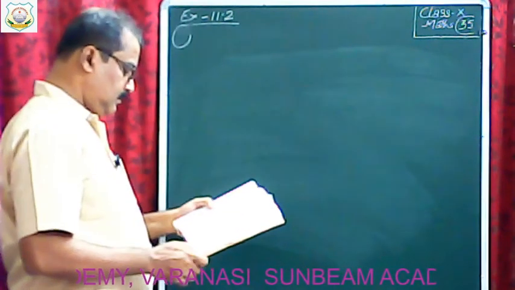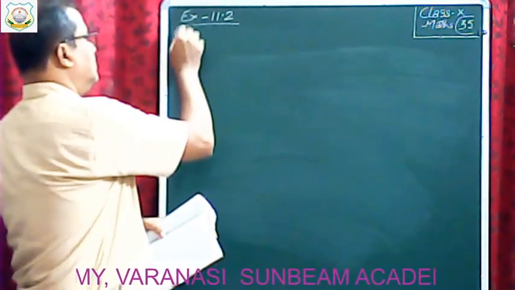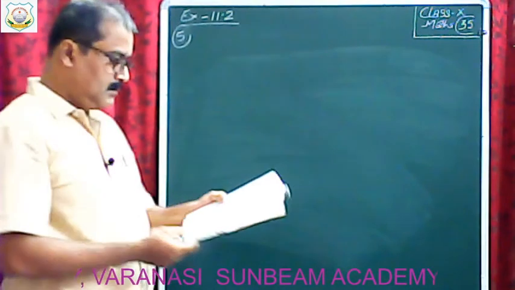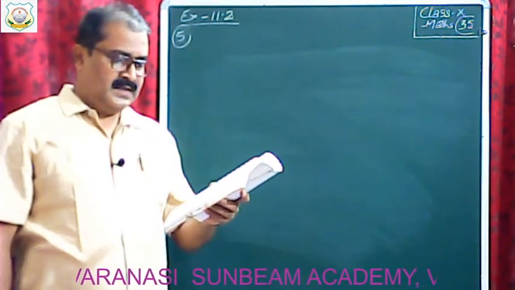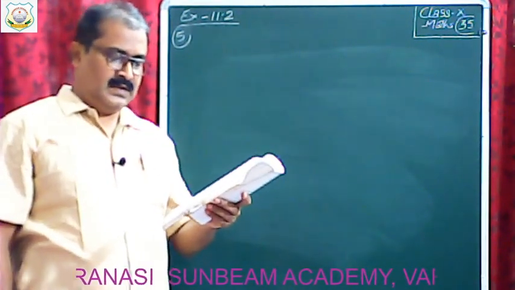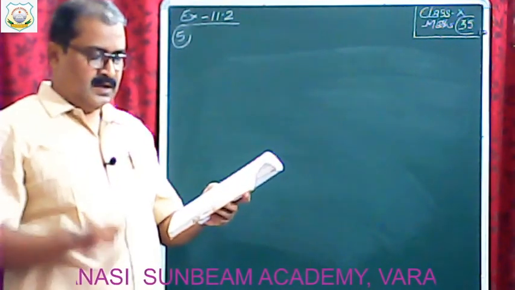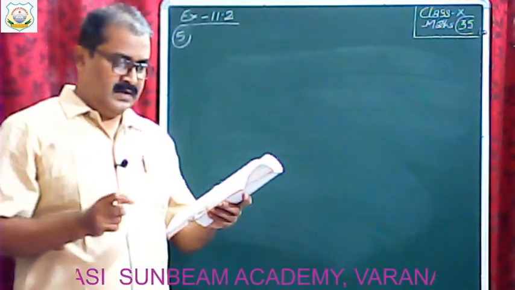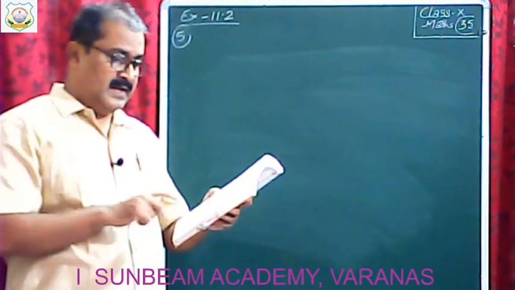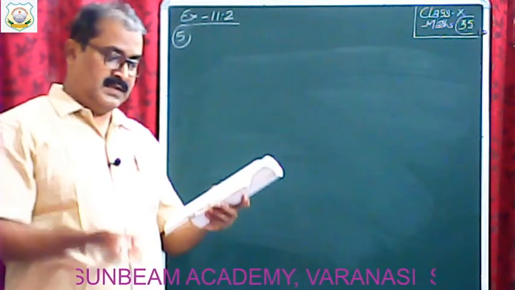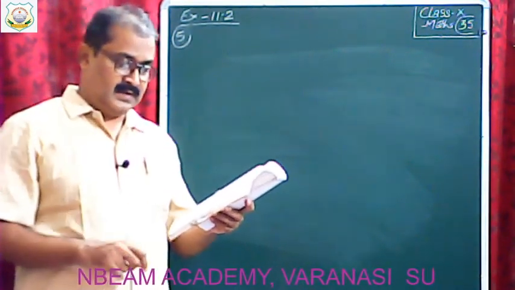Next, question number 5. Draw a line segment AB of length 8 cm. Taking A as center, draw a circle of radius 4 cm, and taking B as center, draw another circle of radius 3 cm.